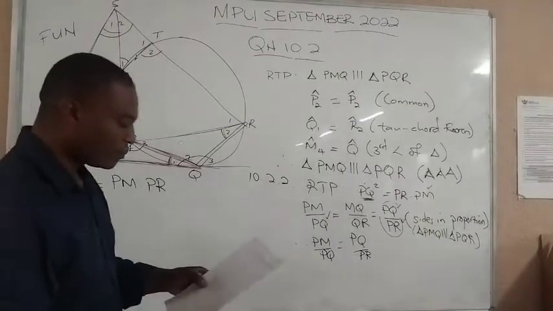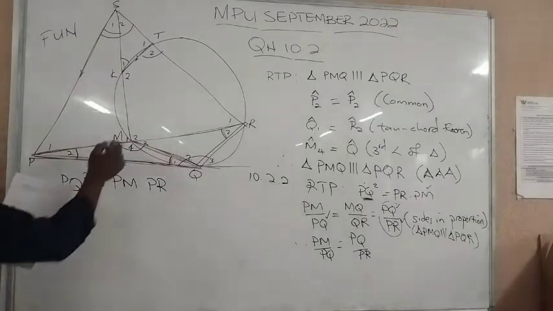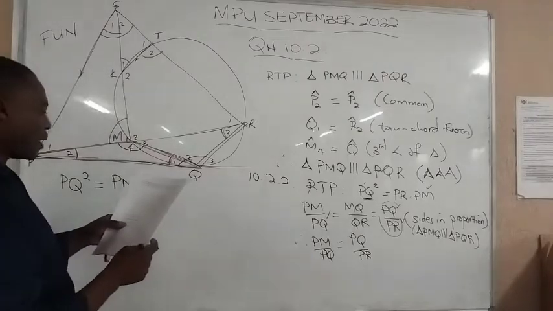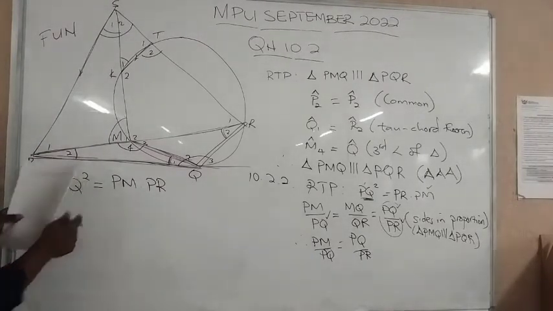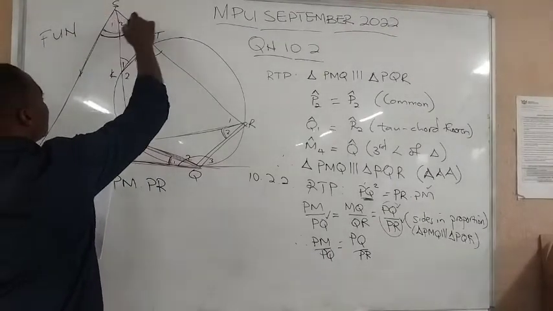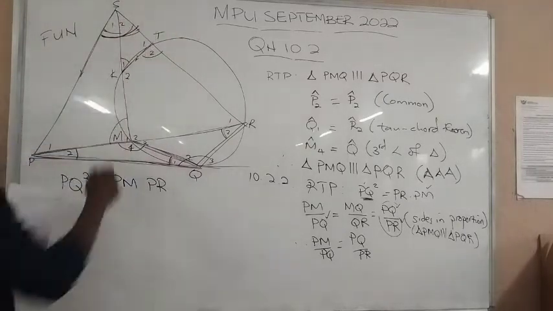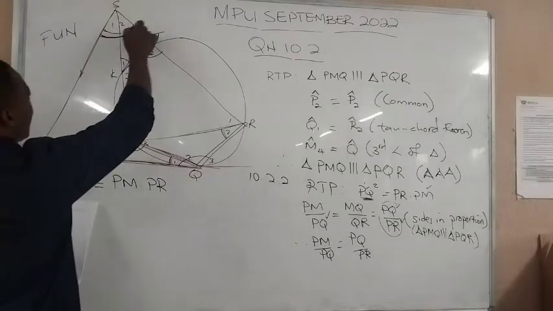Now 10.2.3, you are asked to prove that angle M1, which is this one, is equal to angle PSR, which is this big one. So how do we move to this angle?